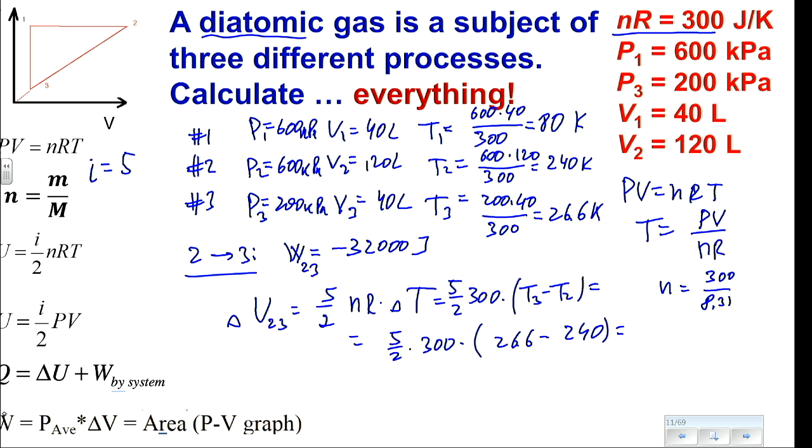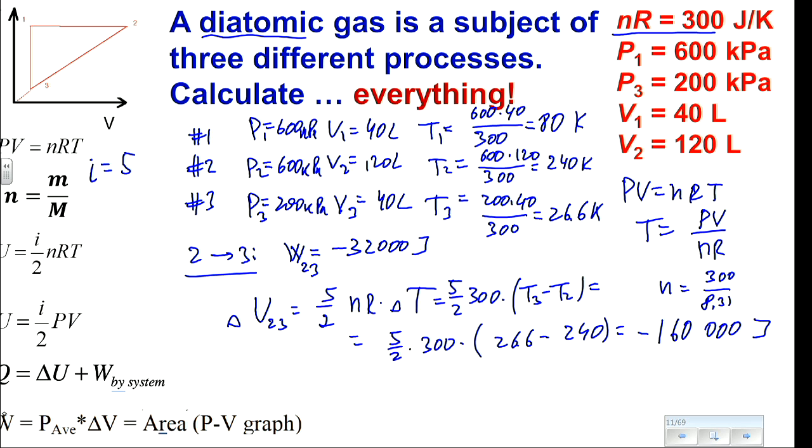Hard to read. 240 minus 26.6 times 300 times 5 divided by 2. Anyone? Negative 160,000 joules. Okay.